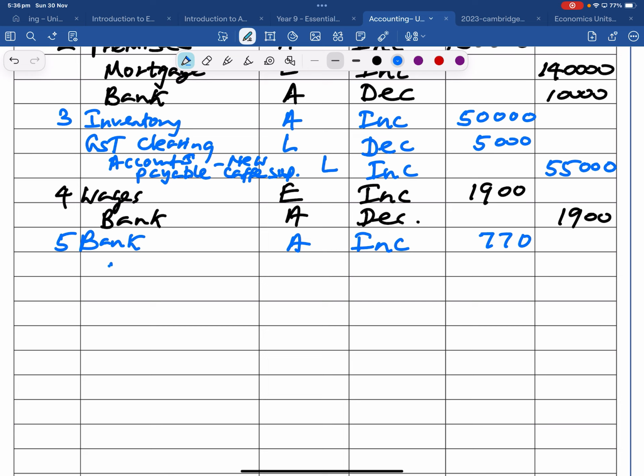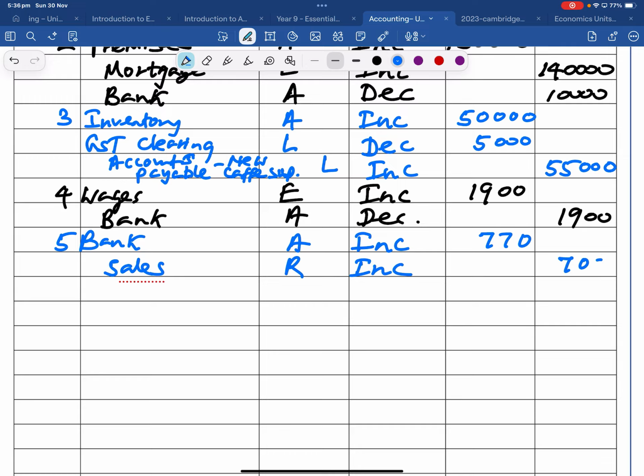Yes, Anna, what is the next entry? Selling. No, before GST? Sales, yes? Sales revenue, what happens to revenue?